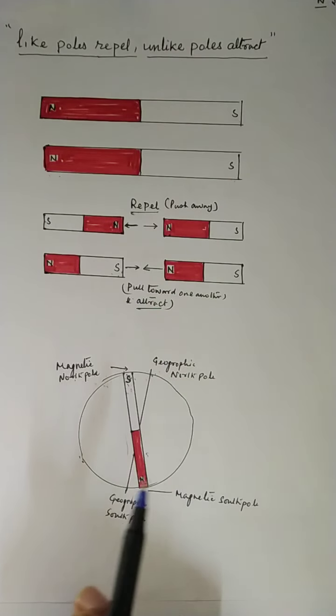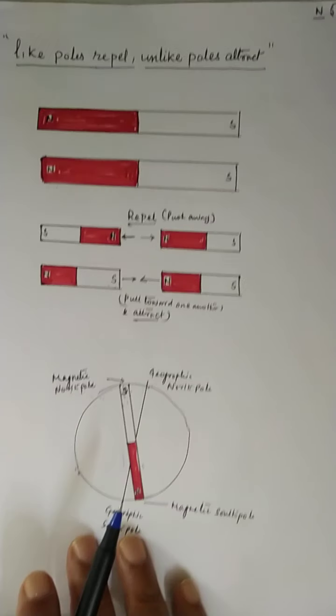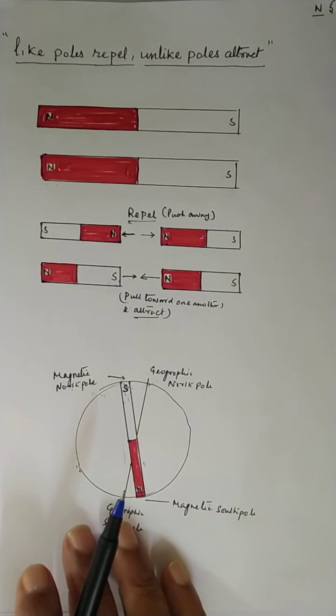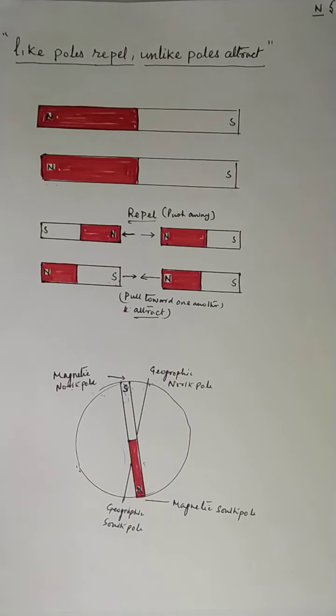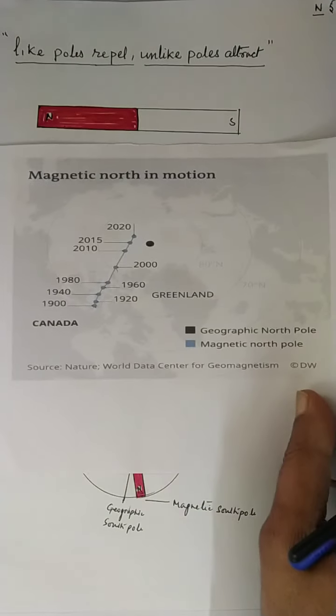And now I'm going to tell you another very interesting point about this magnetic field. The north magnetic pole, which is actually the south pole of the magnet Earth, is shifting towards Russia.